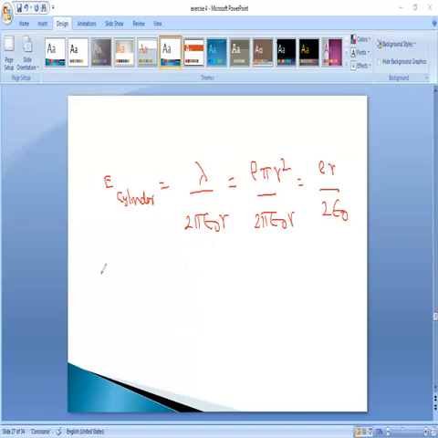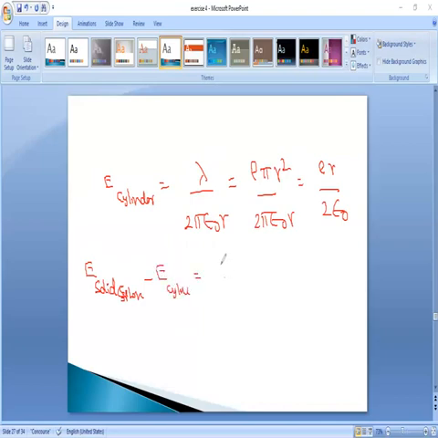Finally, if you want to calculate the resultant electric field after removal of the cylinder, then E is the complete solid sphere minus E due to the cylinder.